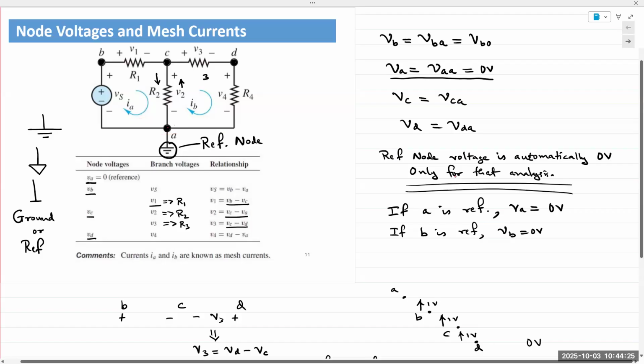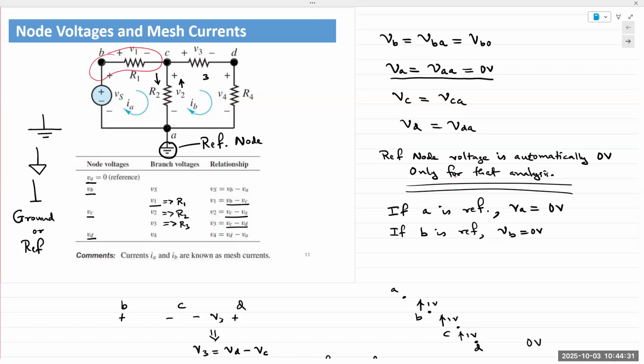More importantly, here we have a resistor connected, and so we call that a separate branch of the circuit. So that's one branch. This is another. This is another. And then this is another. All of those are branches of the circuit. So that's a node, and this is a branch.